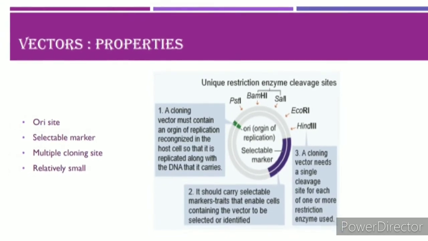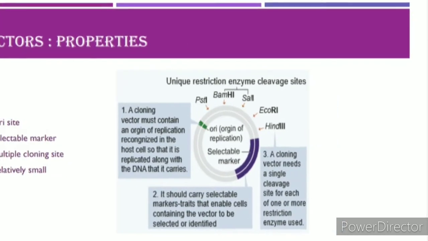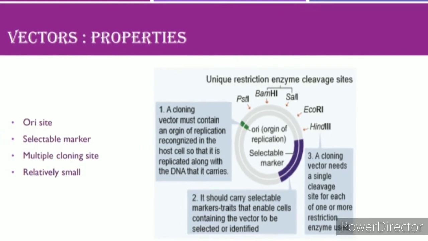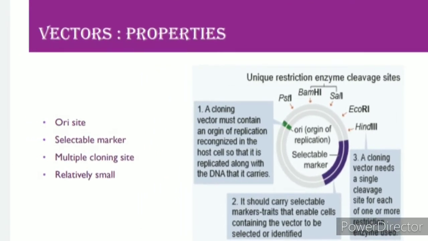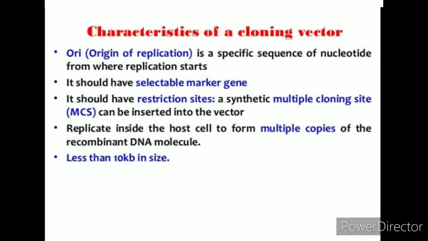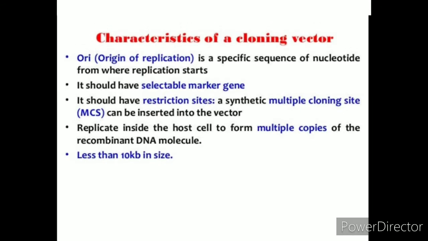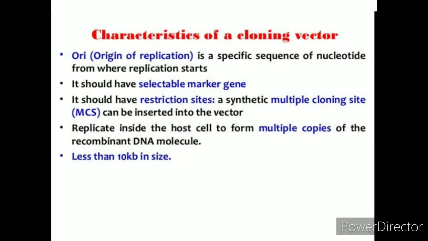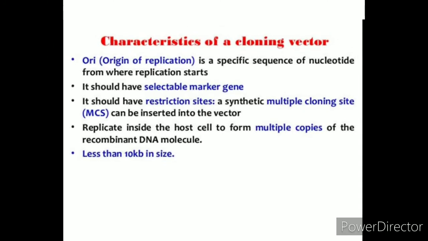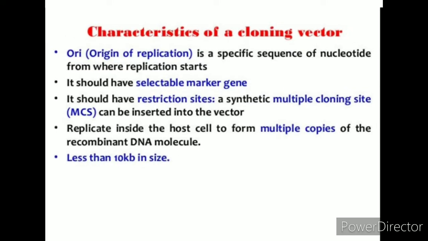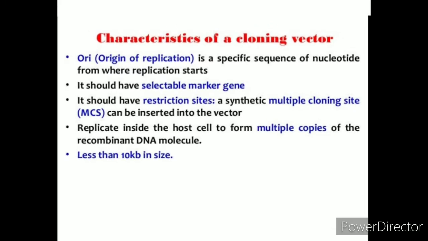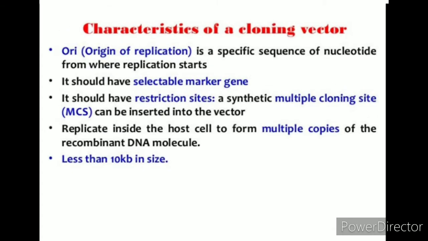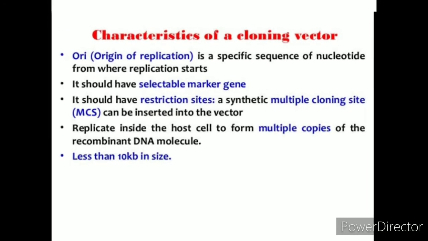That is the pancreatic cell, isn't it? A vector should be small in size and low in molecular weight. Its size should be less than 10 kilo base pairs so that entry or transfer into the host cell is easy. Kilo base pair is a unit to measure the length of nucleic acids.